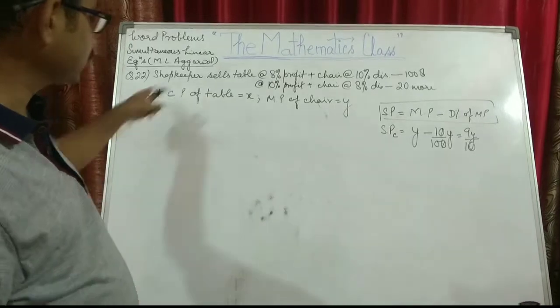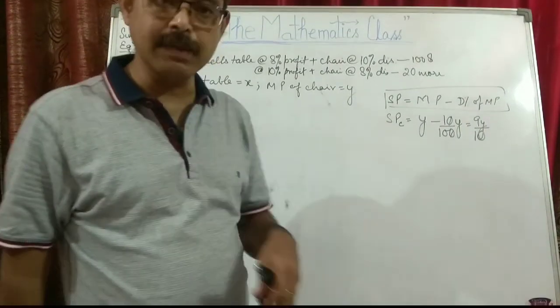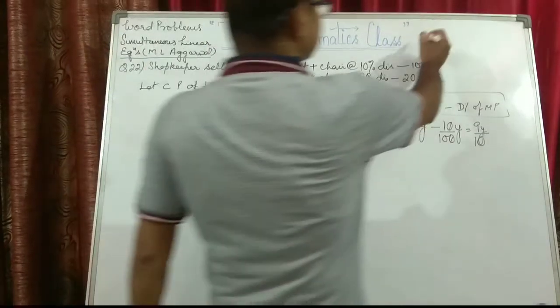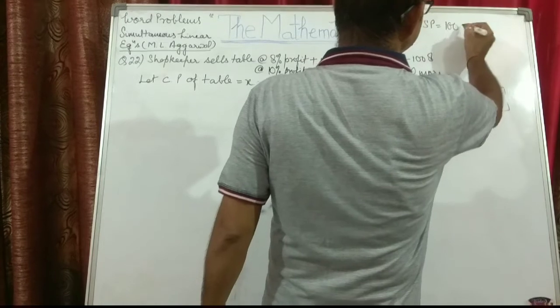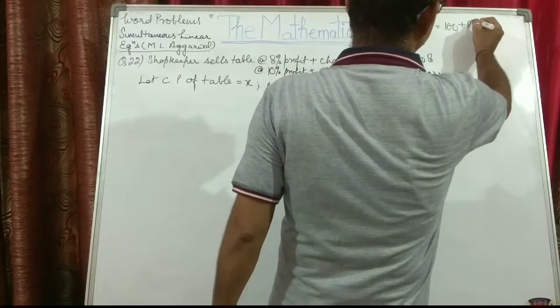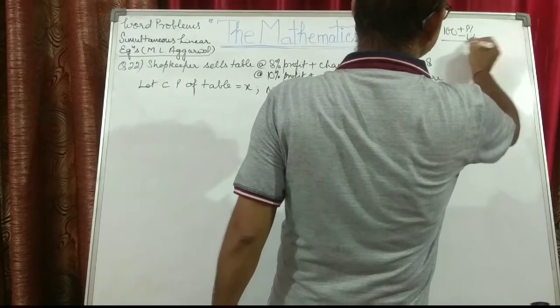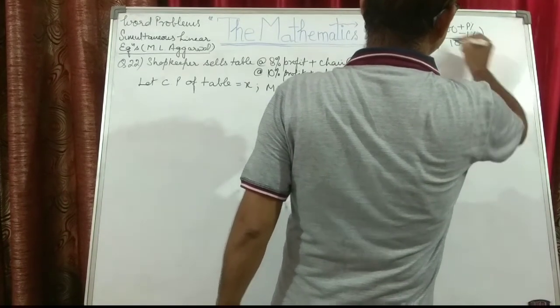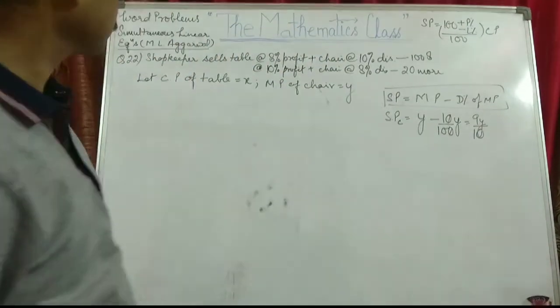Now cost price of the table is X, so we can easily calculate the selling price, as we know that selling price is equal to 100 plus either profit percent or minus loss percent upon 100 into cost price. This is the formula we know.